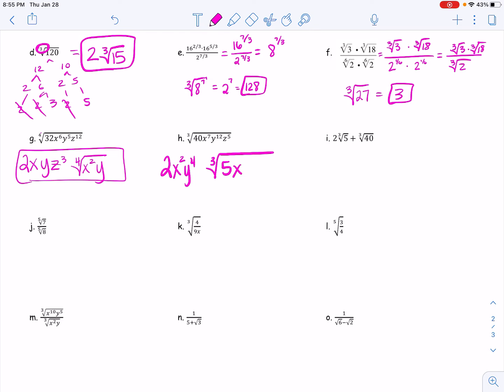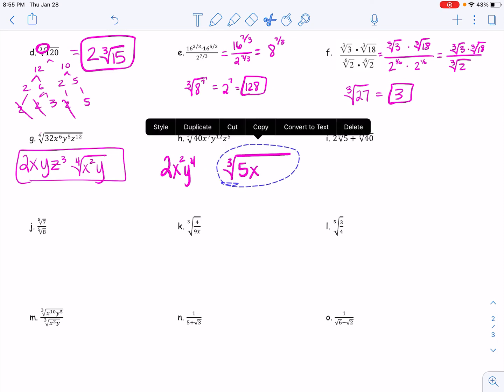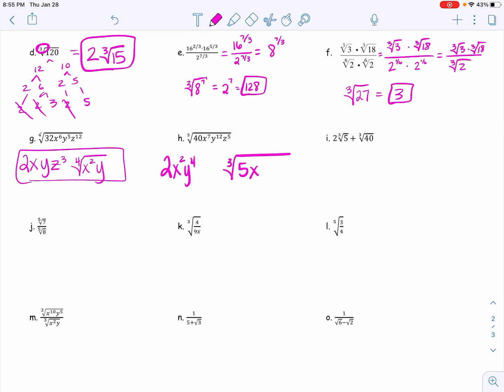Don't put the y there. Z to the 5th. How many groups of 3 can I make in 5? 1. With how many left over? 2. If you want to put the 1, fine. I really wouldn't though, because it's understood. Done. Final answer. Okay.